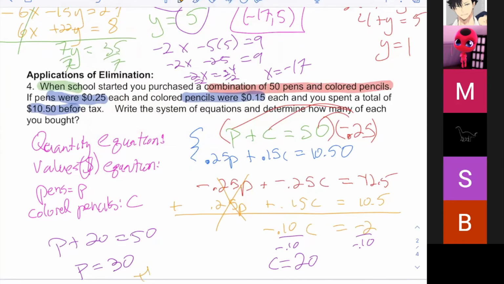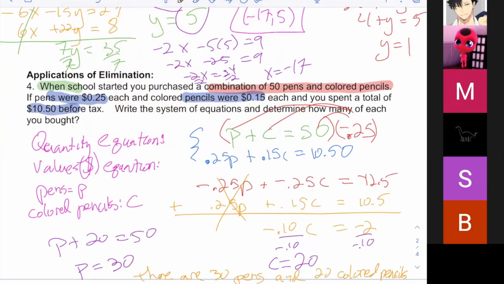There are 30 pens and 20 colored pencils. So again, it's an application of elimination. This is why we study elimination, because it's nice to use, right, in this sense.